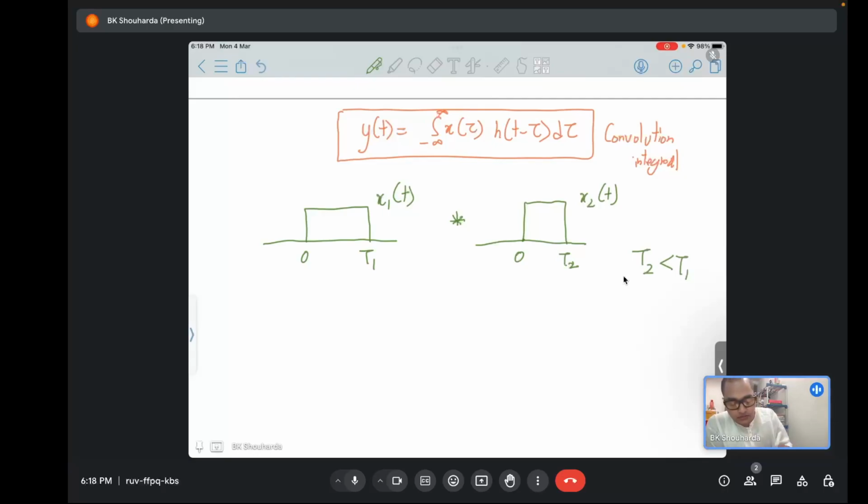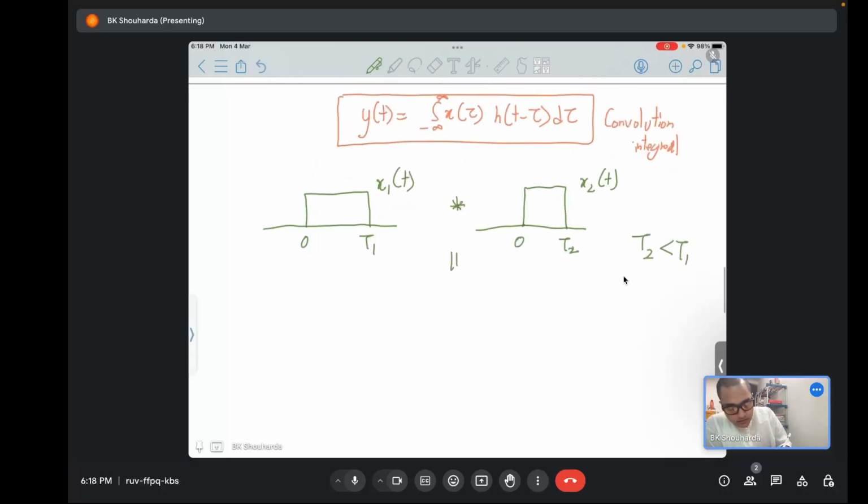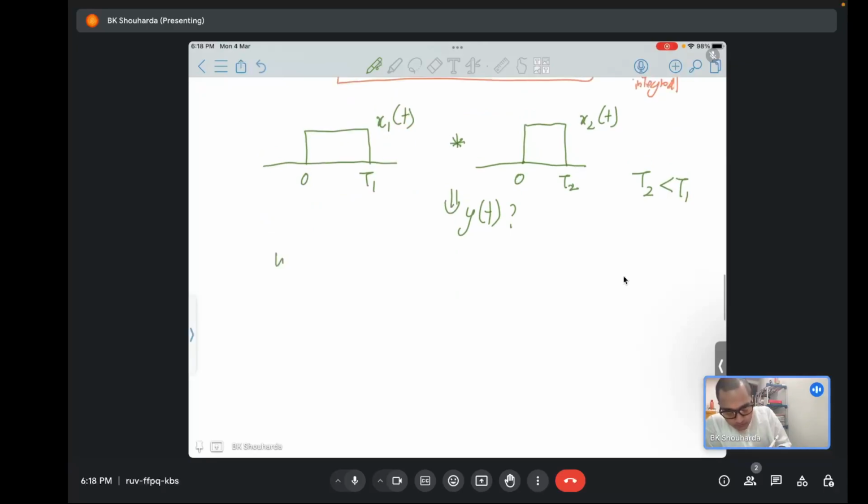Okay, so one fits in the other. Fine. So what will be my y of t then? y of t is the integral from minus infinity to infinity of x1 of tau x2 of t minus tau d tau.